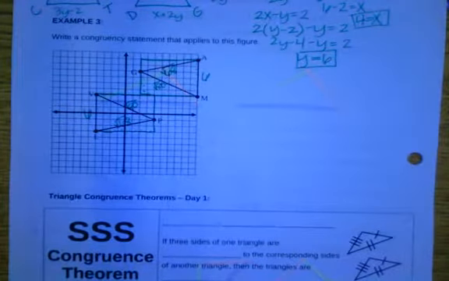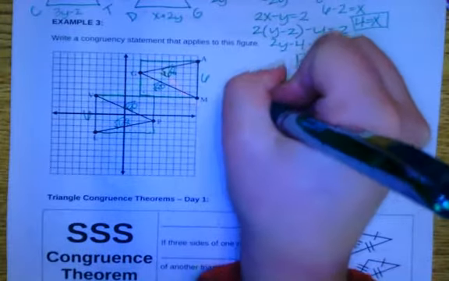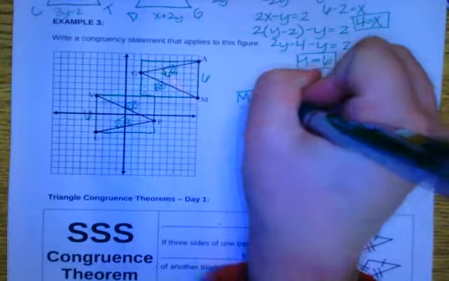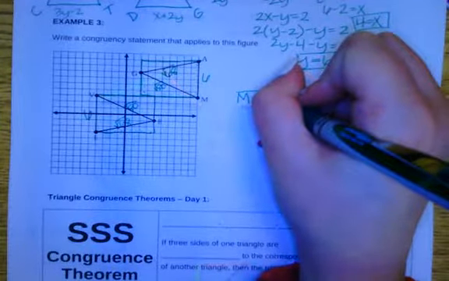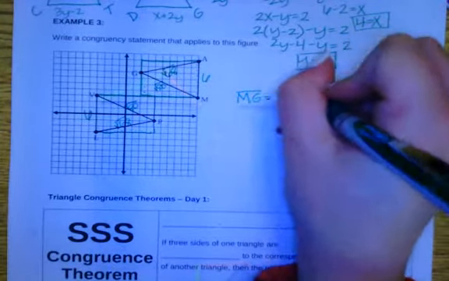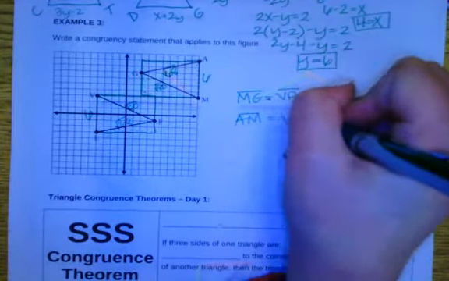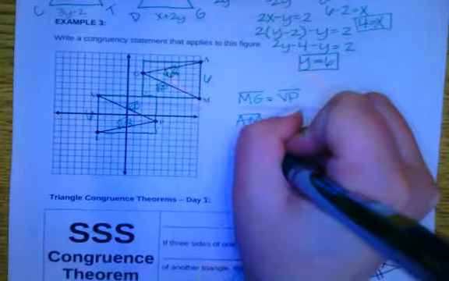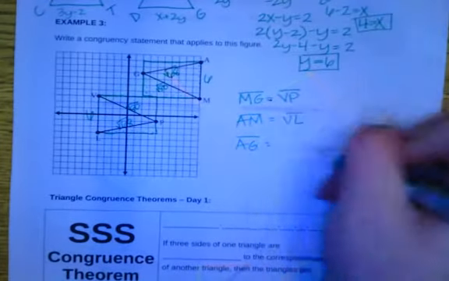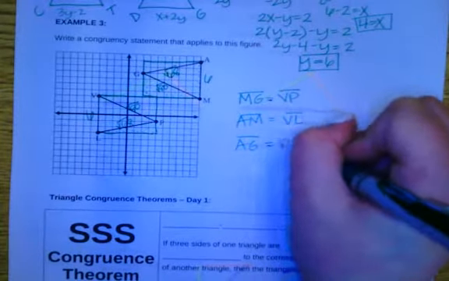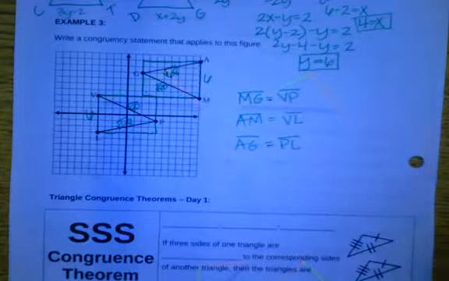Somebody give me a, well first, MG is congruent to what? VP. And AM is congruent to VL. And AG, LP or PL. So when we name it, somebody give me one way.